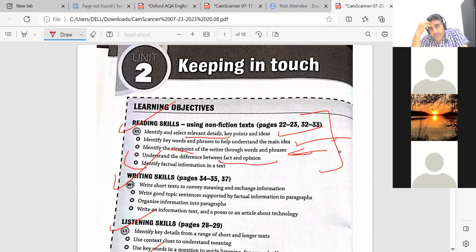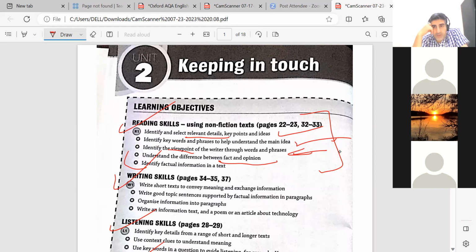Muhammad? Yes. Any ideas? Fact and opinion. Yes, what is the difference? Don't worry about this. Fact is something that you can confirm. Yes, exactly. True. I live in Dammam.